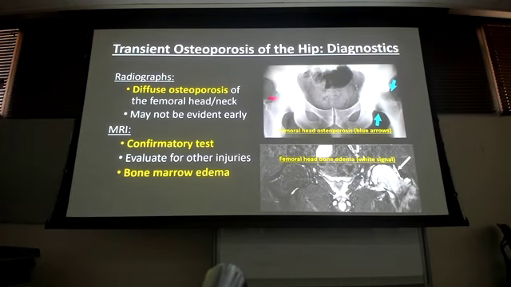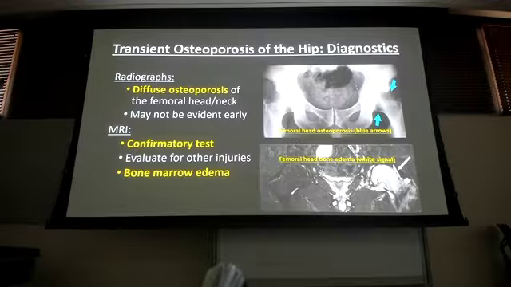Everybody sees how nice, thick bone density seems there. And then if you go over here, it just looks kind of gray. Okay, again, it looks nice and thick, white. And over here, it looks a little gray. Okay, so that's an area of diffuse osteoporosis of the femoral head. That's what that arrow is delineating there.